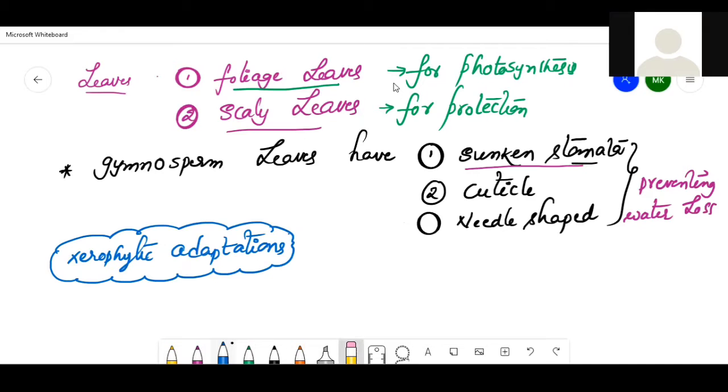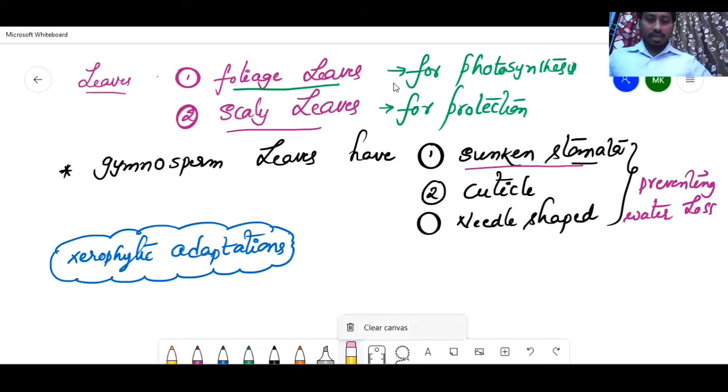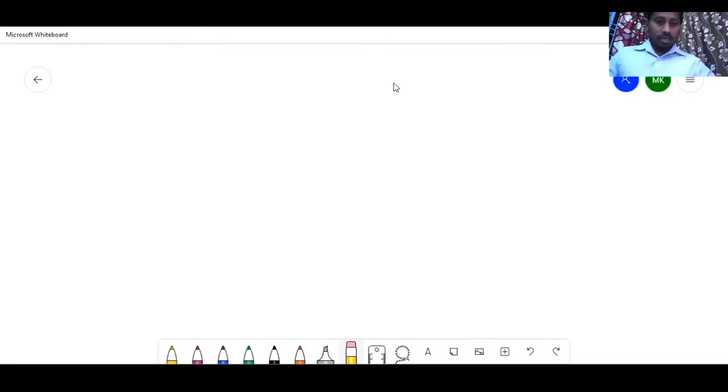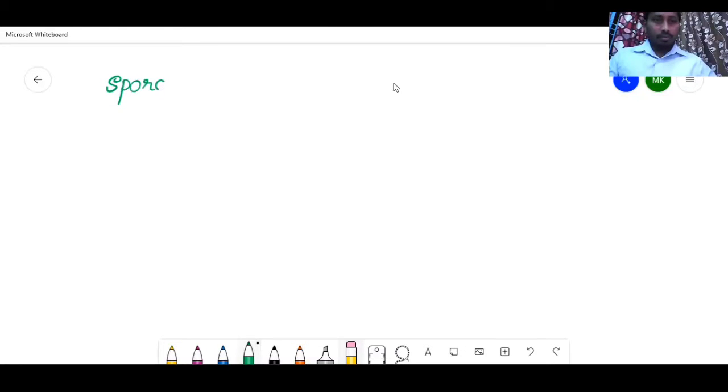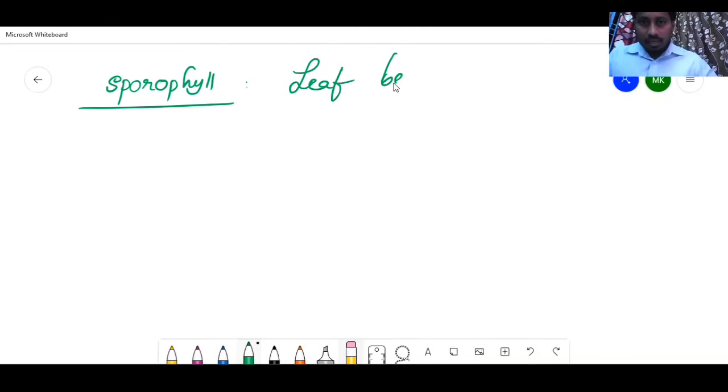Yeah. So now the key point in gymnosperms is sporophyll. In previous discussions, we have already mentioned that sporophyll means leaf bearing sporangium.